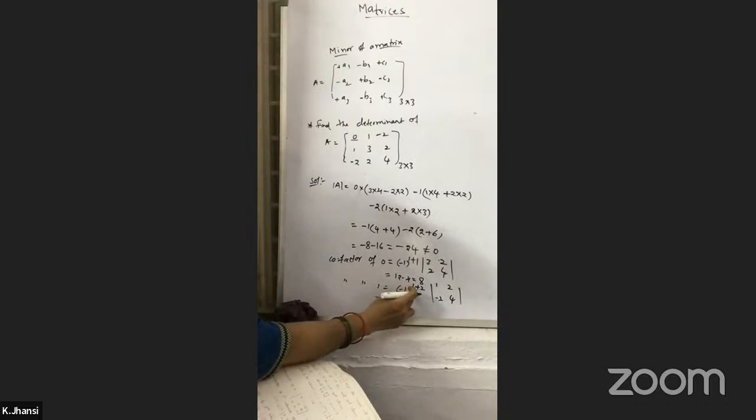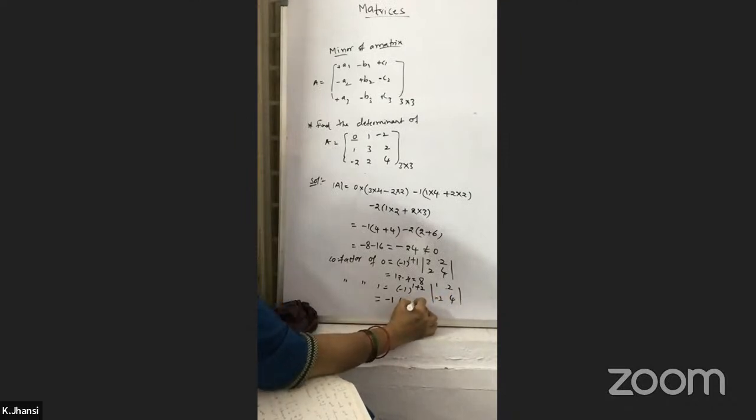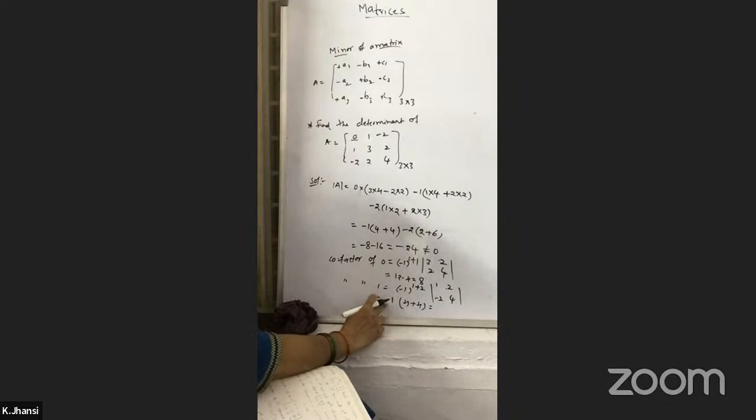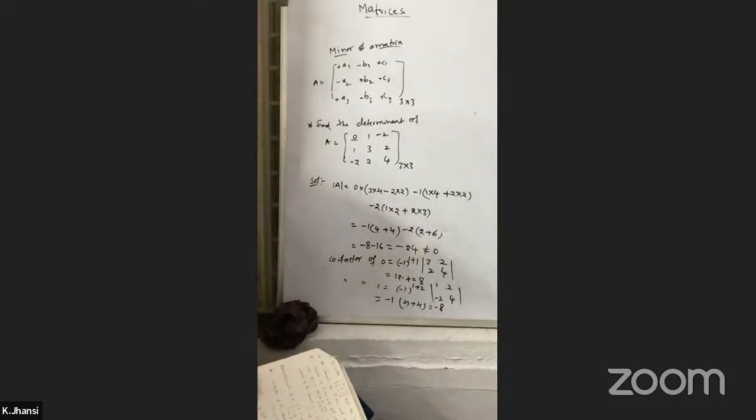And here the power you are getting is 3. So odd power, it is minus 1. Minus 1 into, if you do cross multiplication, 1 into 4 is 4, minus of minus is plus 4. So 4 plus 4 is 8. 8 into minus 1 means you will get minus 8. Okay. So this is for the cofactor of 1.